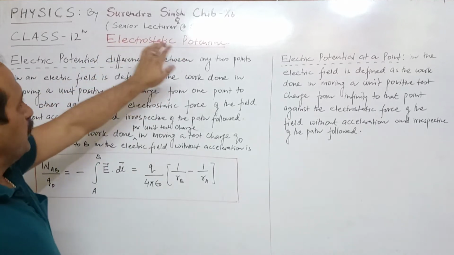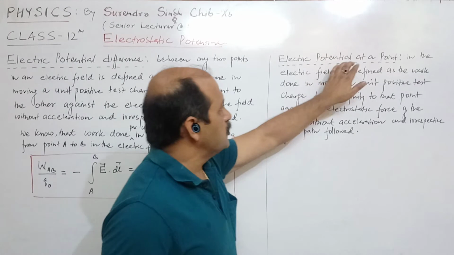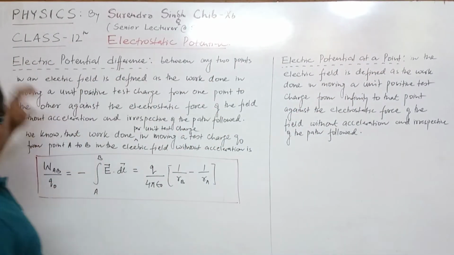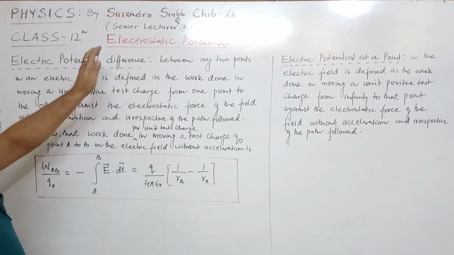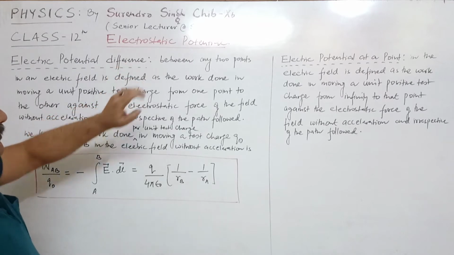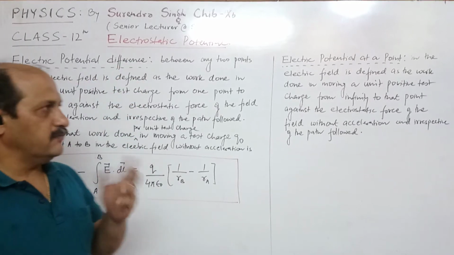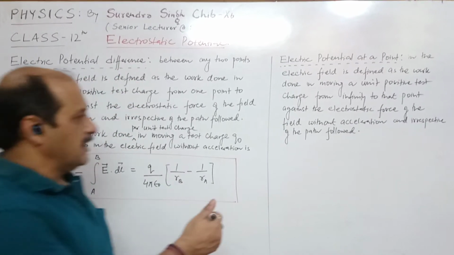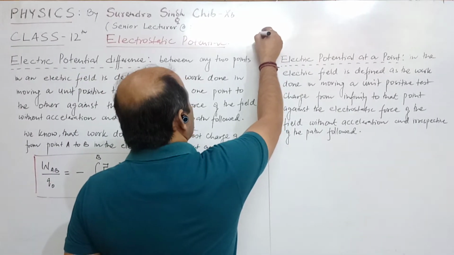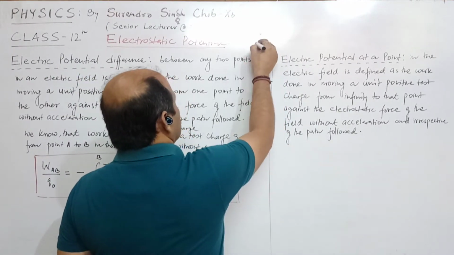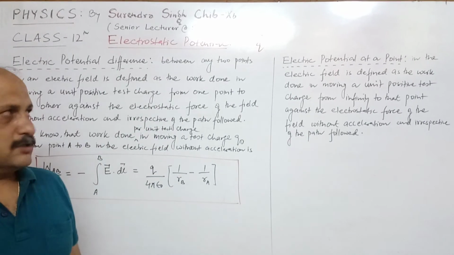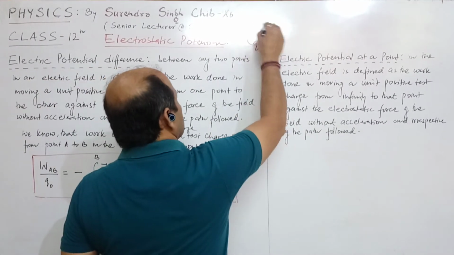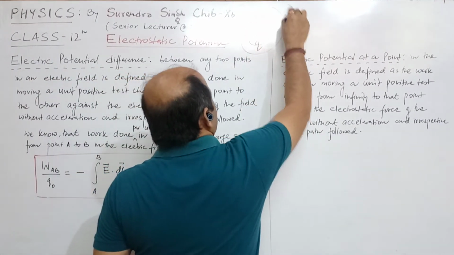Before explaining electrostatic potential at a point, I will explain electrostatic potential difference between 2 points in the electric field. So for example, this is charge Q, which is called a source charge. तो आपको पता है इसके आसपास क्या होती है? इलेक्ट्रिक फील्ड होती है.